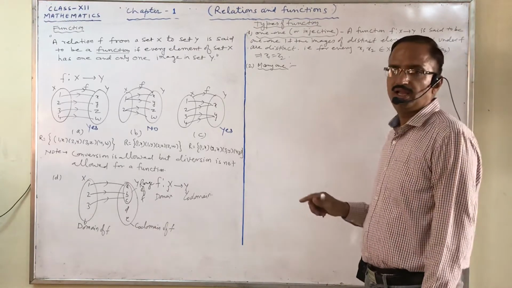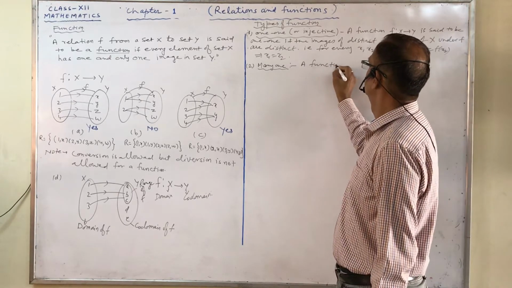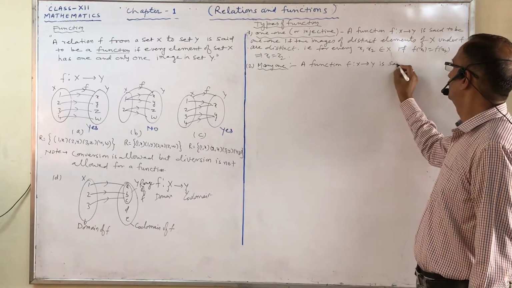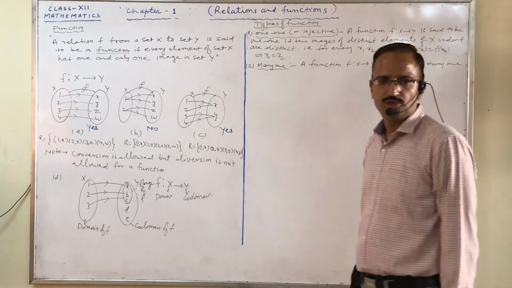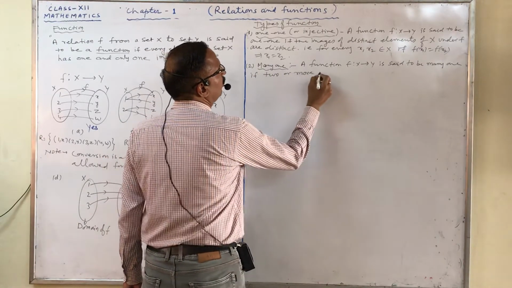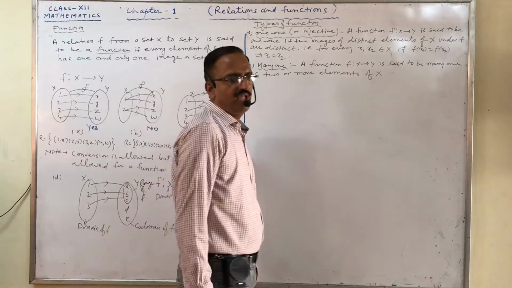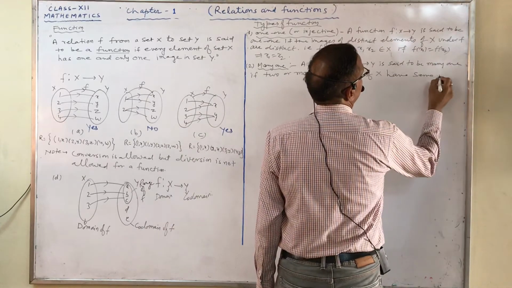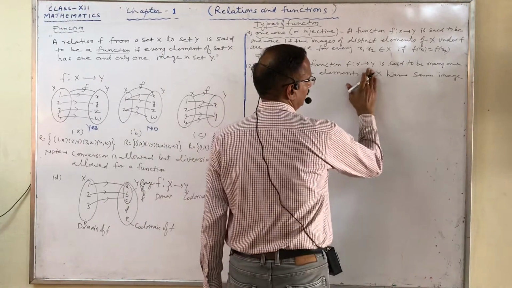So we can write: a function f from X to Y is said to be many-one if two or more elements of X have the same image in Y. Here we can write of or in.